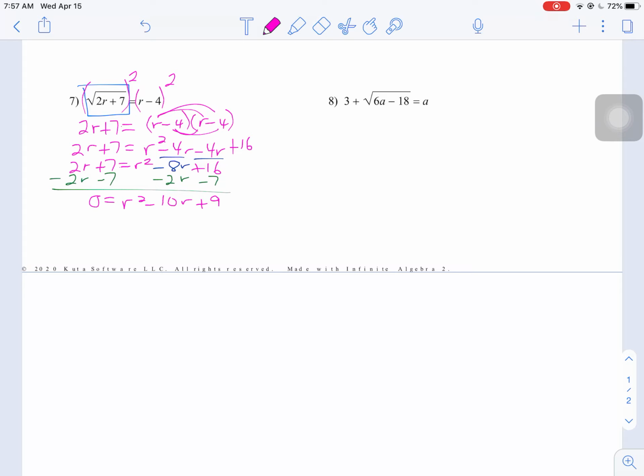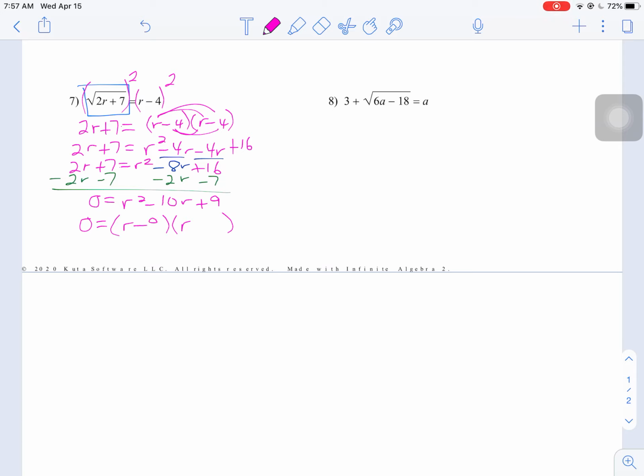Now, if you get down to one of these and you cannot factor, you would just use quadratic formula. We're usually pretty nice and give you problems that can factor. So let's see. This is a basic trinomial because the number in front of the r squared is an invisible 1. So we're looking for two numbers that multiply to 9 and then add to negative 10.